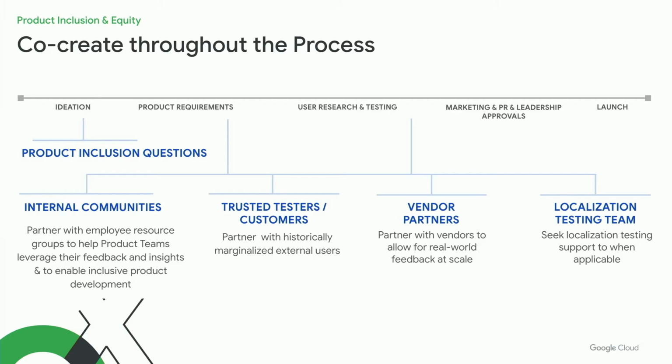We partner with vendors. We partner and work closely with vendors to allow real-world feedback at scale. Trusted testers. We regularly work with historically marginalized external users whose feedback and insights enable inclusive product development within Google and better products for all users. Localized testing team.